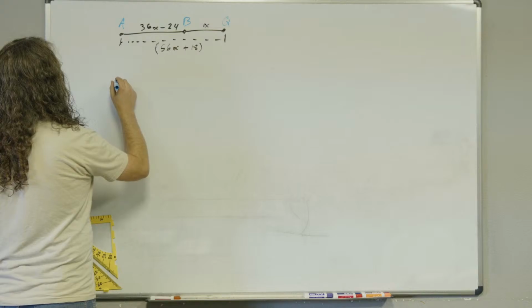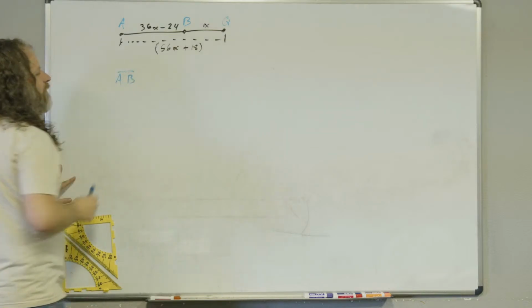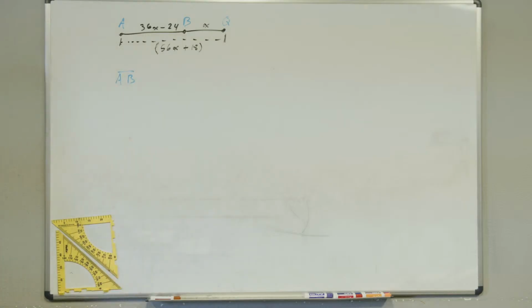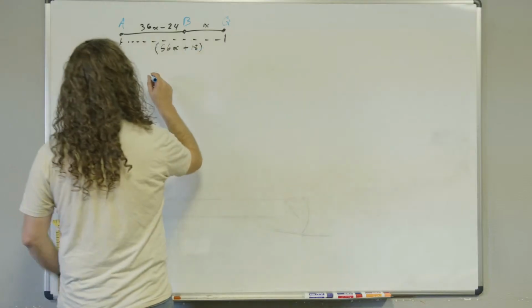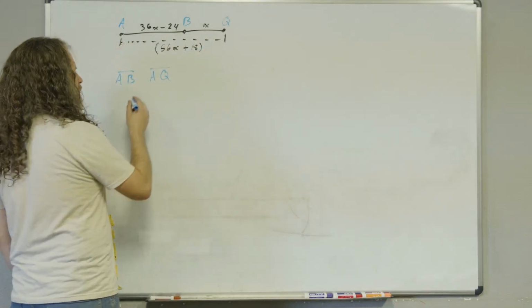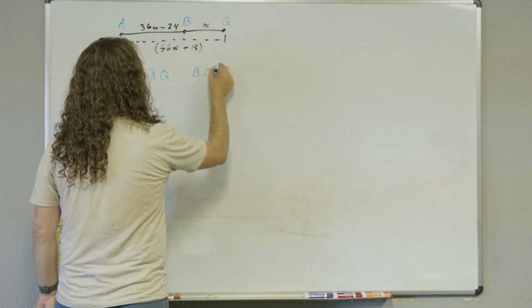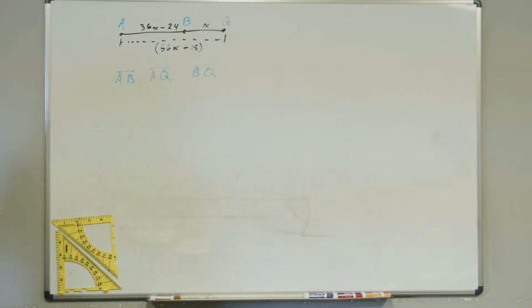AB is one of the line segments. AQ is the big whole one. That's true. And BQ. Those are the different line segments that we have in this problem.